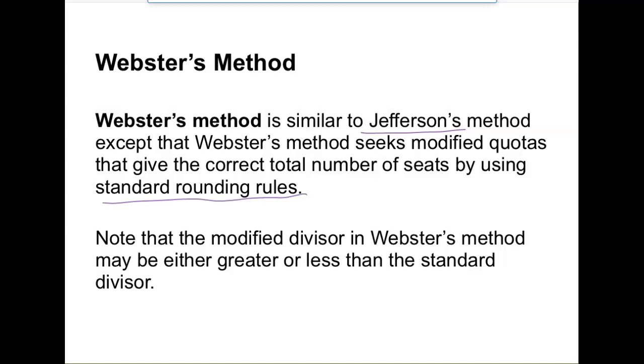Meaning, if the minimum quota doesn't do the job, so you chop off all the decimals and you add up the seats you've given away, if that doesn't add up to the total of how many seats you have, then you go back to the standard quota and you just round it like you normally would. You guys are familiar with regular rounding rules. You round up if the decimal is 0.5 or above. You round down if it's 0.4 or below, right?